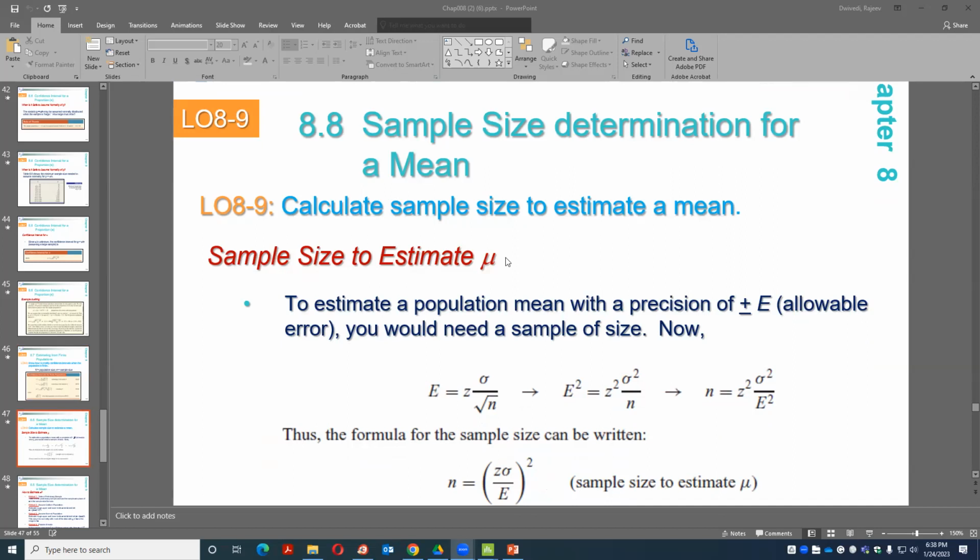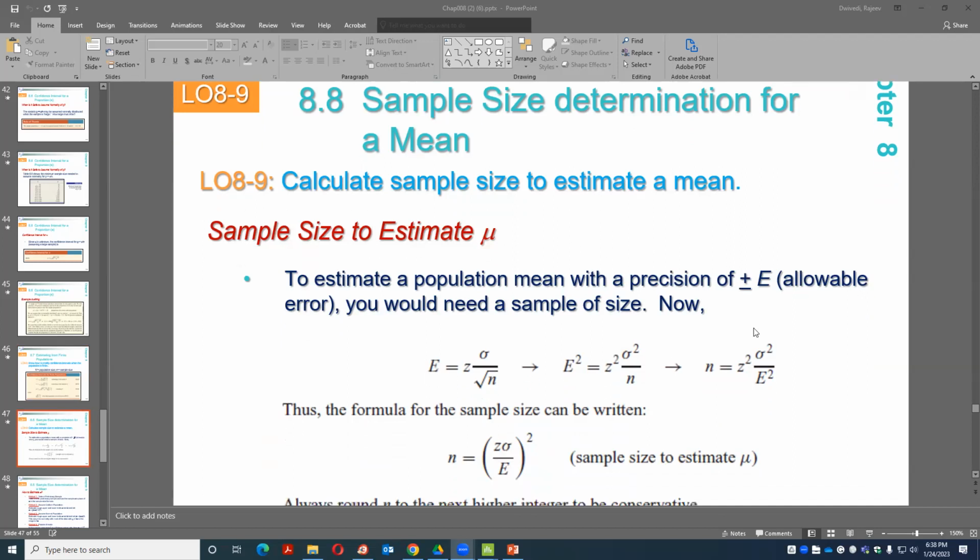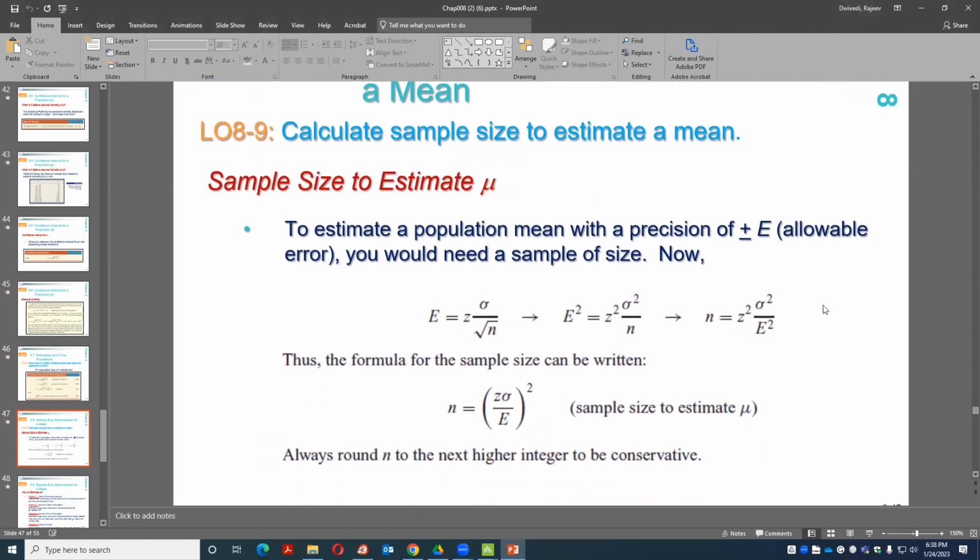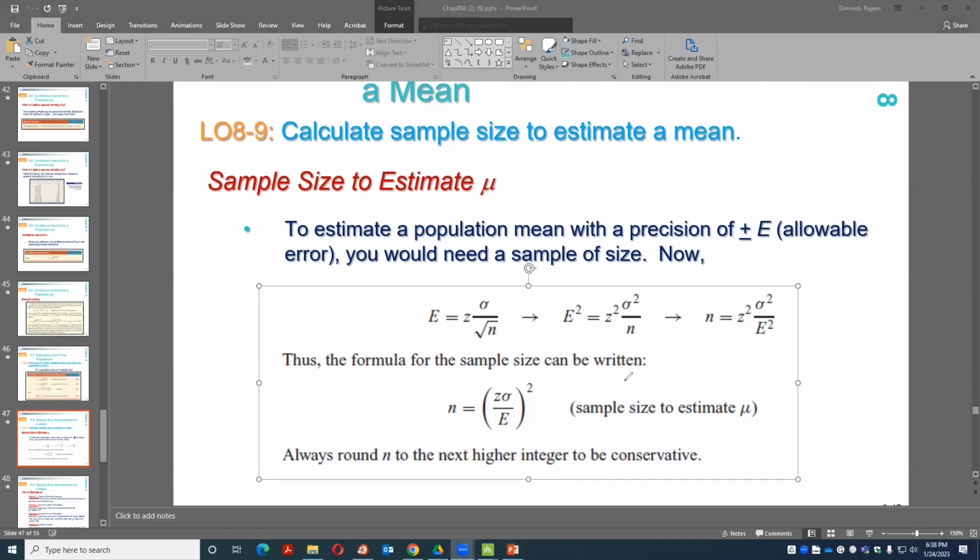For that, we have the formula for sample size to estimate mu. As you know, the margin of error equals Z sigma upon square root of n. In order to remove the square root of n, we square both sides. So this is the margin of error formula.